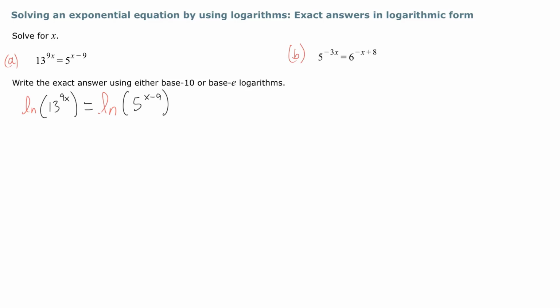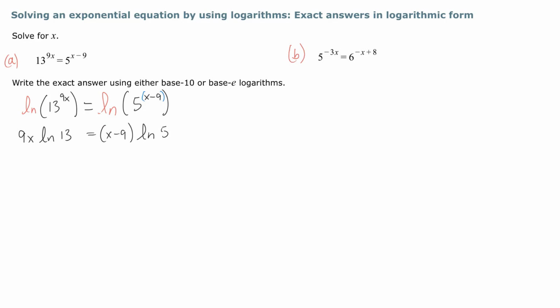And now we'll use, I'm sorry, logarithmic properties to simplify this. So we'll take that 9x and move that to the front. So we have 9 times x times ln of 13 is now equal to the quantity x minus 9 times the natural log of 5.